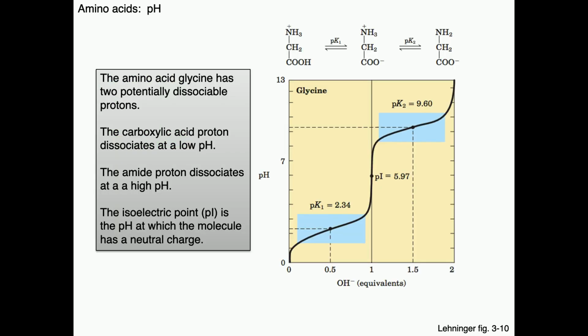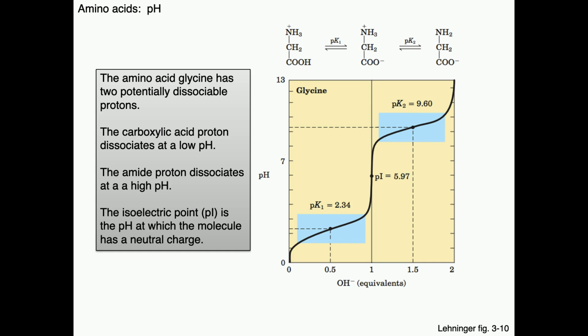In the case of an amino acid, this is showing the relationship between the addition of hydroxyl ions, or the increase in pH, and the actual pH of the solution. This pK value at the low pH reflects the balance between the ionized and the unionized form of the carboxylic acid.